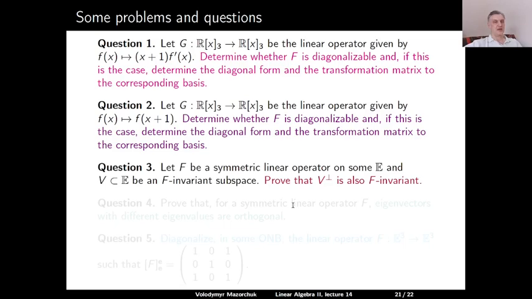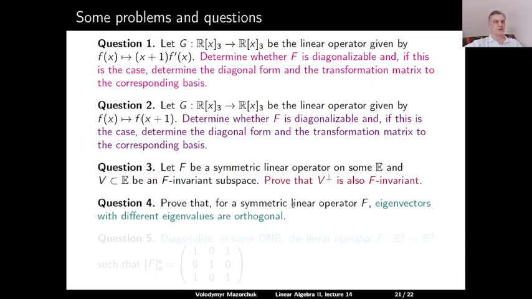Question 3. Let f be a symmetric linear operator on some Euclidean space E, and V be a subspace of E which is f-invariant. Prove that the orthogonal complement to V is also f-invariant. Question 4.